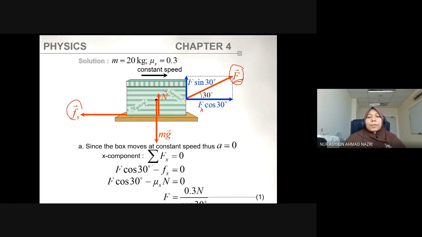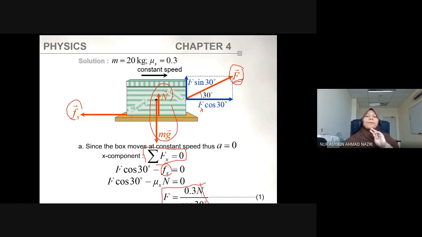Even from the component dia berada pada komponen Y. Tapi kita buat net force X equal to 0 and from here we have also normal force dekat mana dia berada dalam frictional force. But here we still cannot solve.